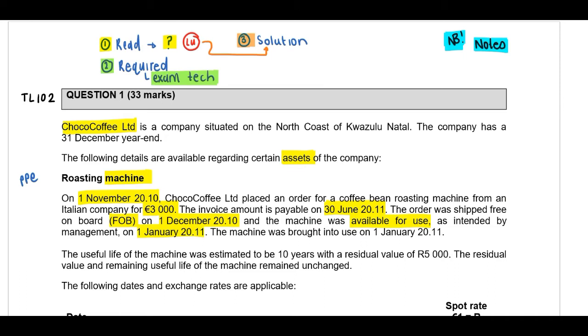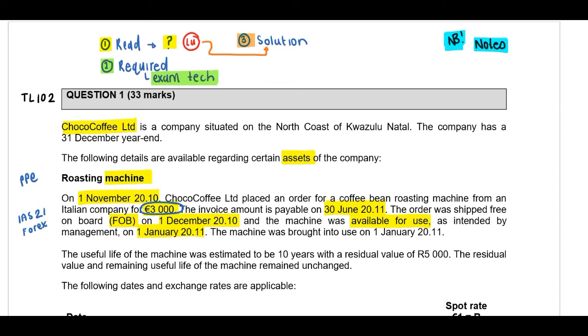Now let's just stop right there. First, we need to identify that this is a foreign currency. Therefore, we need to follow IAS 21, which you know is our foreign exchange gains and losses learning unit. So this is Forex, right?